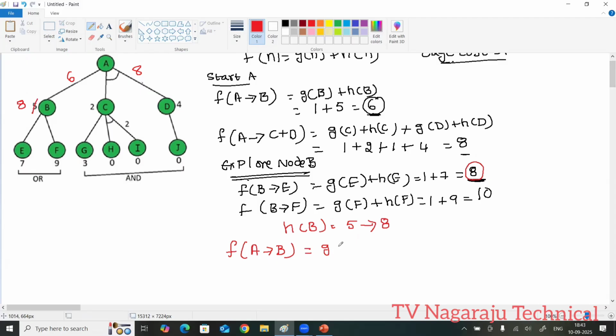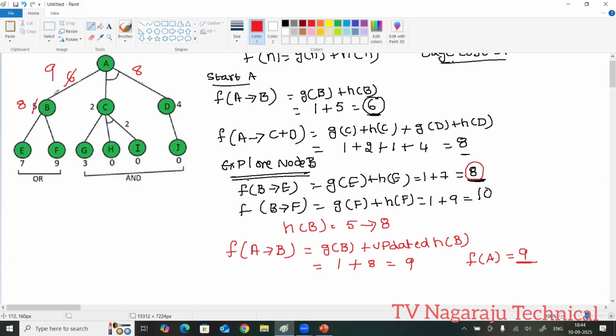So how do you write? G of B plus, here for understanding I will write updated H of B. What is the G of B value? Anyway, the edge cost is 1 and updated value is equal to 8. So 1 plus 8 is equal to 9. Now, heuristic value is updated with the value 9. So, obviously strike out 6, again updated to 9.